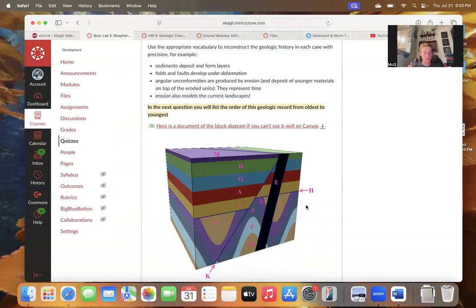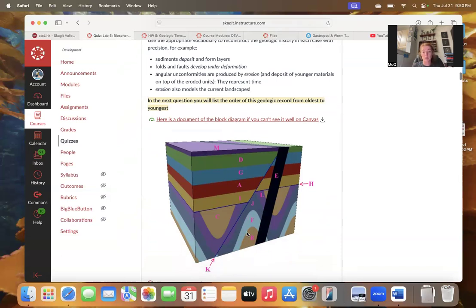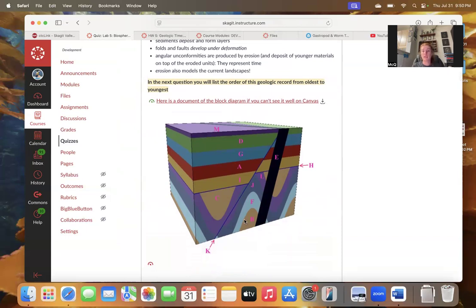That's the only way it could be deposited. This part of the block had to be horizontal. And over time, at some point, tectonic processes smooshed this into these beautiful folds and waves. And then something happened at the top of this unit before another unit was deposited, but perfectly horizontally. So that's what I want you to think about what H is.